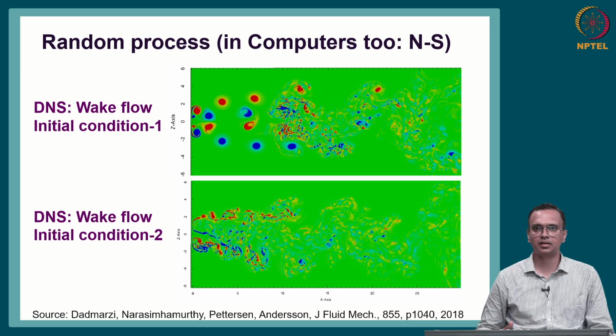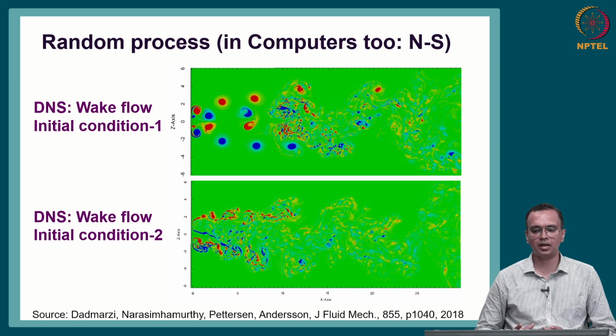So here, these two simulations that we did, we have taken the same flow case, same boundary conditions, everything is the same. The only difference is that we have taken two different initial conditions, and when we do this numerical calculation, we see that the flow is evolving into two completely different types of flow for the same Reynolds number and the same problem setup.